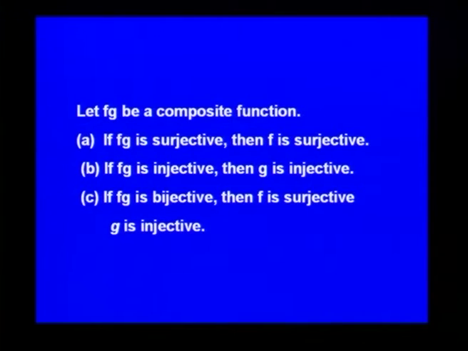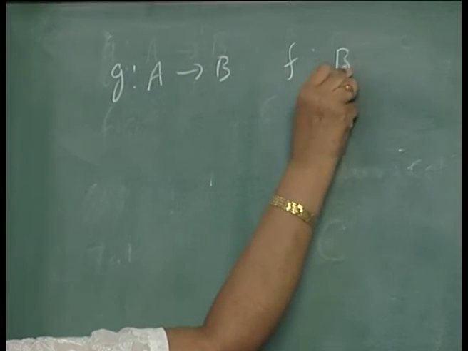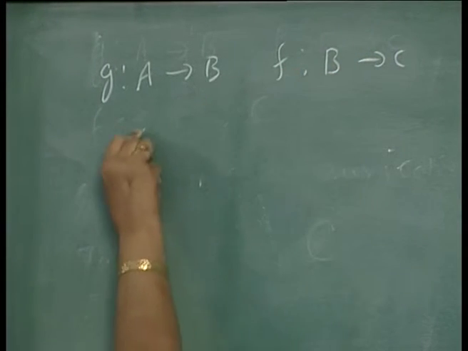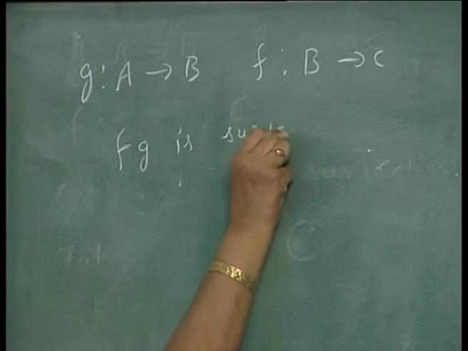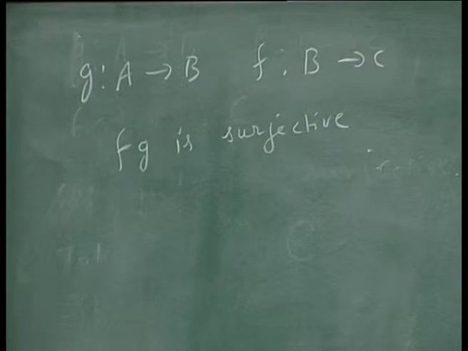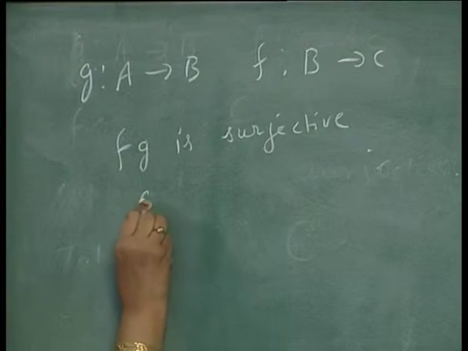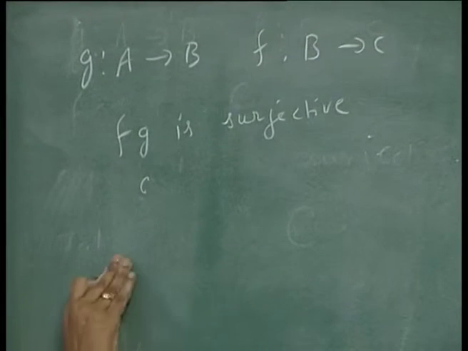g is from A to B, and f is from B to C. f∘g is surjective. Then if f∘g is surjective, then f is surjective.